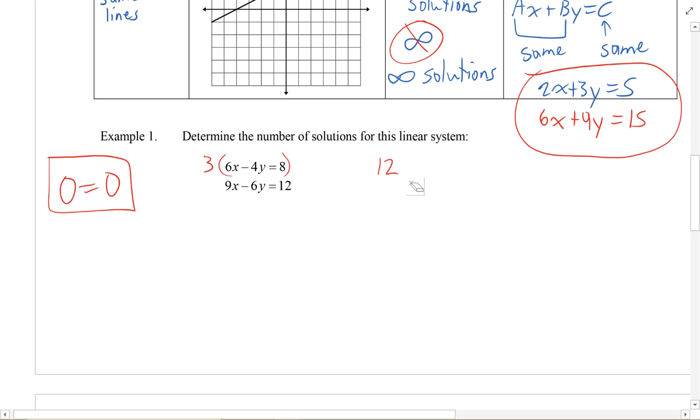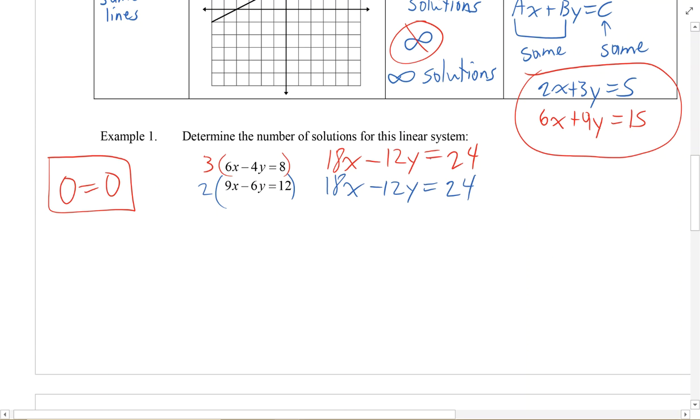Multiply by 3, so we want 12Y. So you can get 18x minus 12y equals 24. And what are we going to multiply the bottom one by? 2. And so we get 18x minus 12y equals 24.